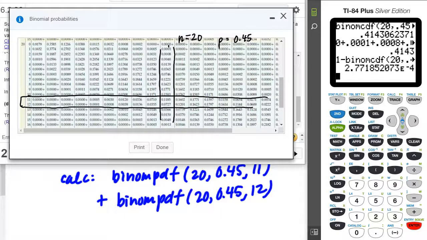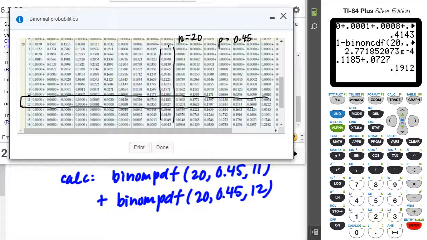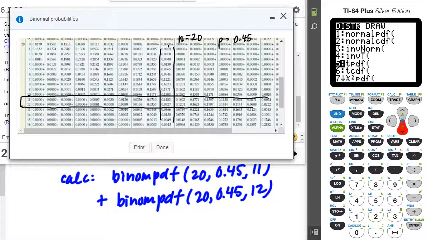So we highlight the 11 or 12. We have those two values, 0.1185 or 0.0727. It's 0.1912. And that's the same thing we get from the binomial PDFs here in the distribution menu.